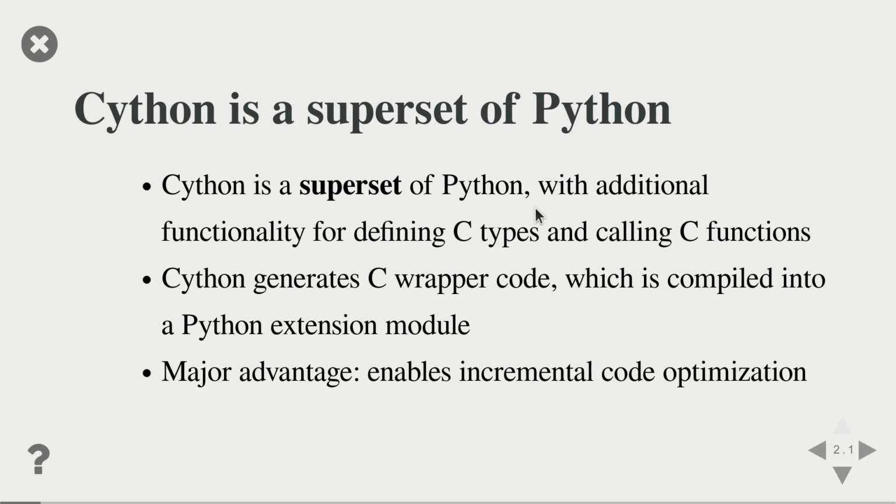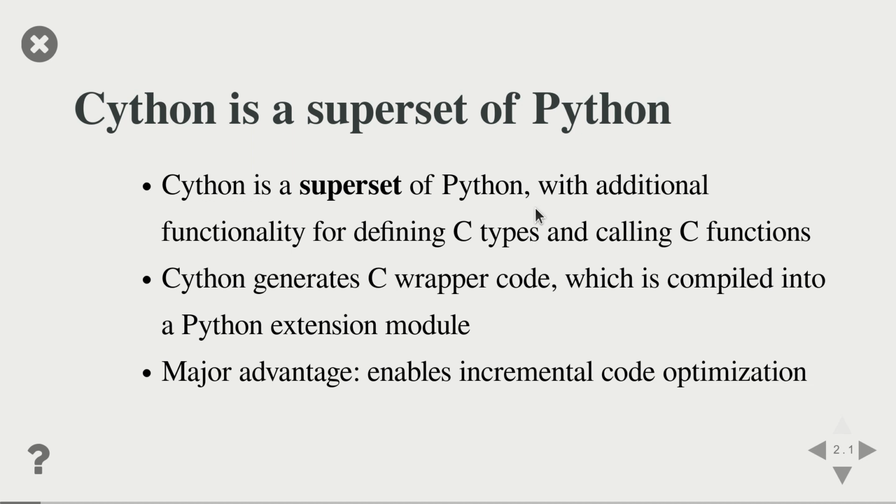So as I said, Cython is an extension to the Python programming language. It adds additional keywords that you can use, for instance, to specify types for the variables that you use in your Python program. But you can also call out to C functions that are implemented in other libraries. Once you've written up a Cython program, you need to compile it using a Cython compiler.